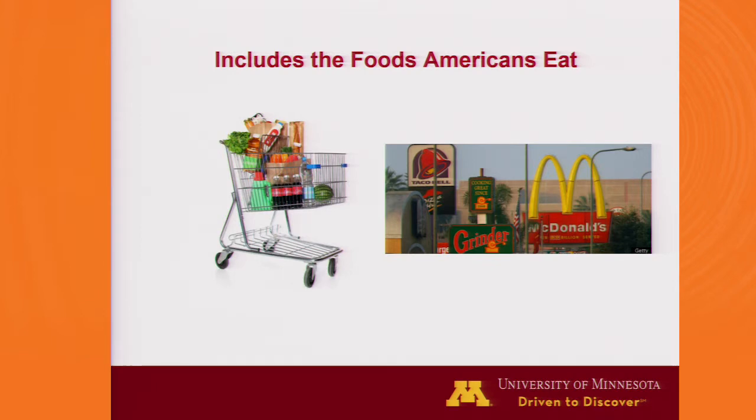If the research is being done in the US, we need to have food in the database that people eat. There's more than 30,000 food products in a typical American supermarket, and close to 40% of the calories Americans eat now come from meals eaten away from home.